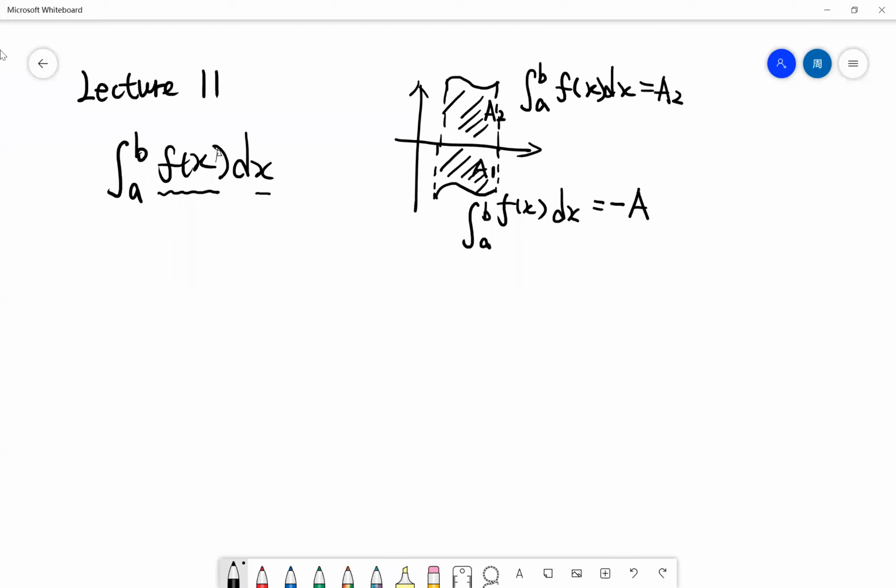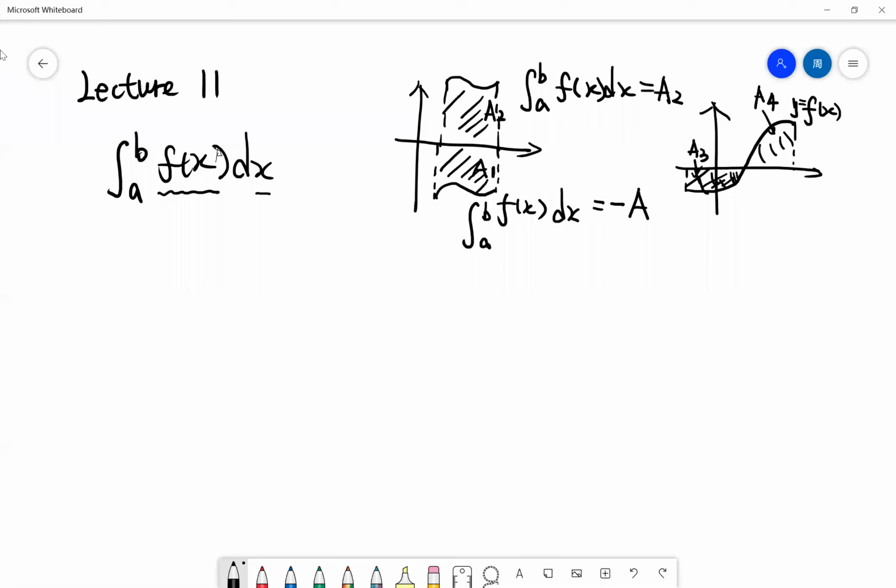And if the graph of the function is sometimes below the x-axis, and sometimes above the x-axis, like this. For example, this first part is A3, and this part is A4. And this is the graph of the function f(x).